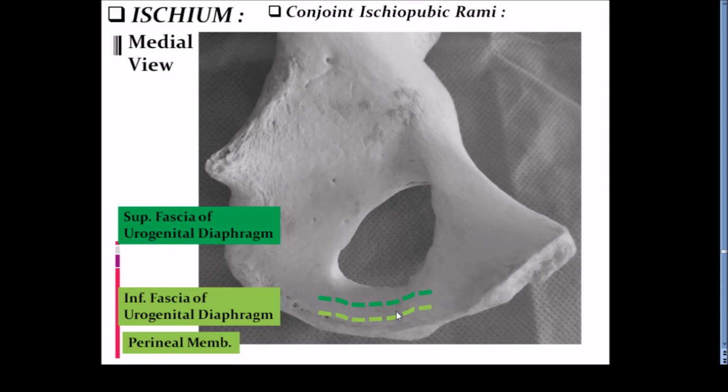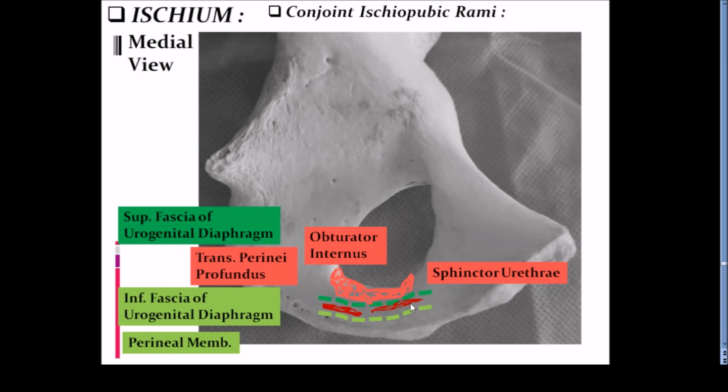Now the upper area, this portion, provides origin to the obturator internus muscle. This intermediate area gives attachment to two structures. Anteriorly, it gives origin to the sphincter urethrae, and behind it, it gives origin to the transverse perinei profundus muscle.